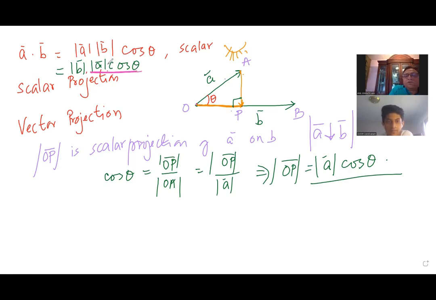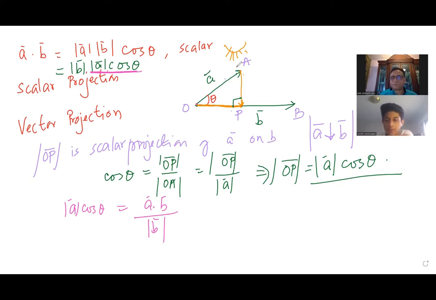So I could write from here that magnitude of A cos theta is equal to A dot B over magnitude of B. Does that make sense? Yes, sir. So that becomes a formula using dot product. So if given two vectors A and B, find the dot product and divide by the magnitude of B to get the projection of A on B. Is that clear to you?